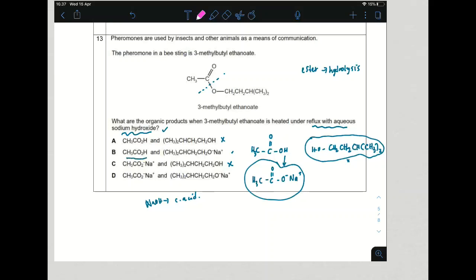This is going to be the salt. This will be the salt also, but this should not change into salt. So the answer is going to be this one, the OH. They just inverted it. So 1, 2, 3, 4, 5 carbon. The answer is going to be C.